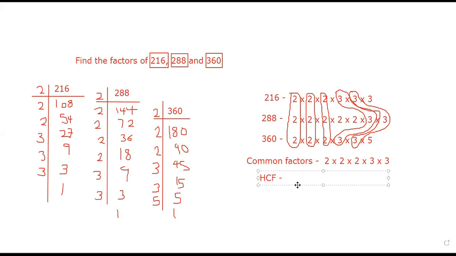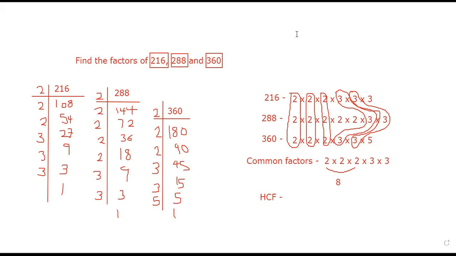Now, how do you generate the highest common factor? The first thing we need to do is multiply these numbers out. Now look at it. 2 times 2 times 2 is 2 times 2, 4 times 2, that's 8.